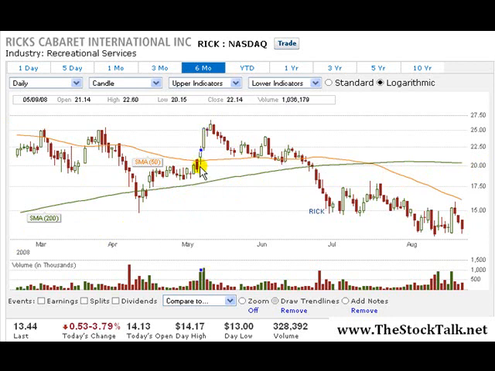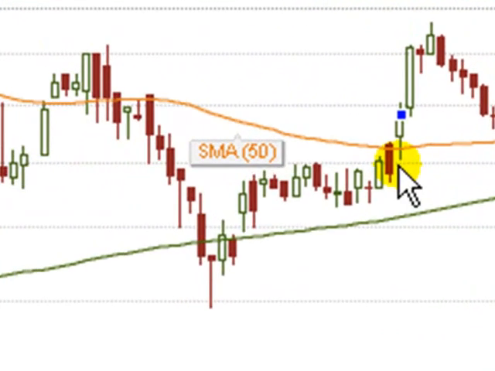And so what happens is the moving averages oftentimes are points of support and resistance, as well as buy and sell signals.